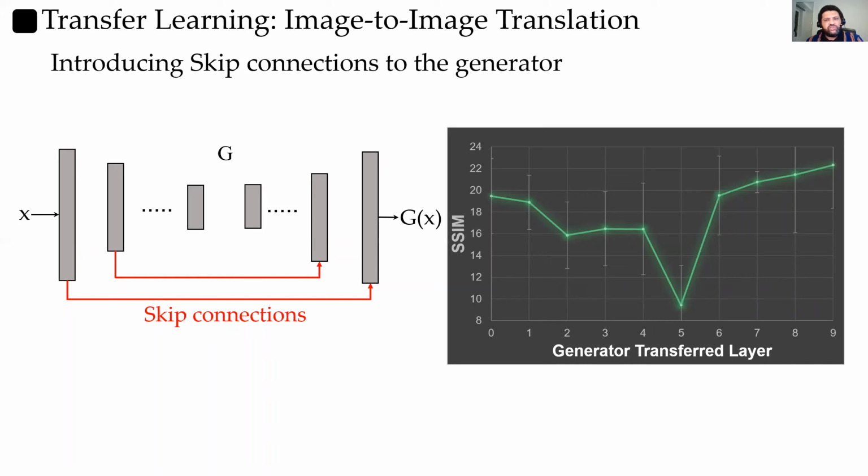And the generic features learned by a layer cannot be effective until they are complemented by the layer it is connected to. But still, the best performance is when transferring the whole generator. I didn't show the discriminator perspective plot because it goes the same way that we have seen earlier.